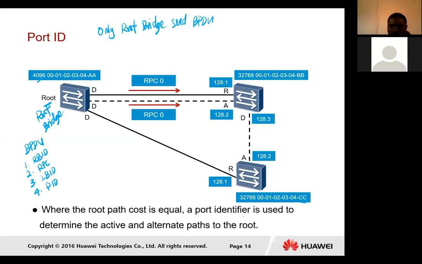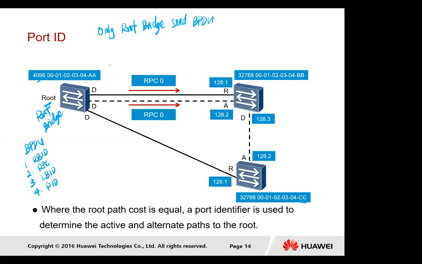So they will have 4 pieces of information they're going to send out inside the BPDU. Let's say this is the root. I will send out the BPDU, using a short form in brackets: my root bridge ID is 04-AA, my root path cost 0, local bridge 04-AA, and my port ID, let's say this is port number 1.